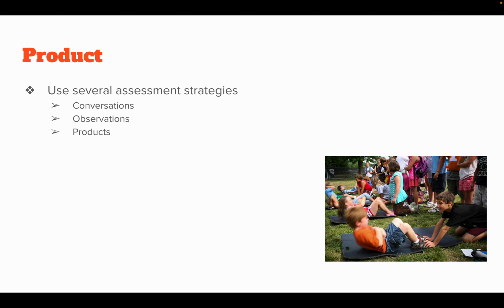Observation assessments. So this could be more like student journals or student peer assessments of a movement skill or fitness skill. Maybe some checkpoints and stuff like that. And then lastly, products.